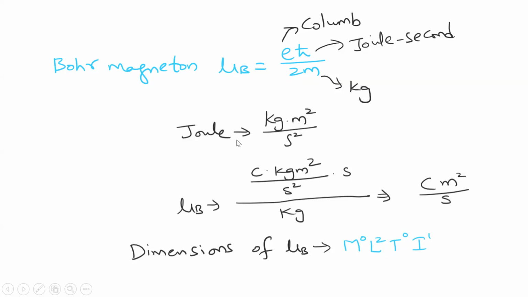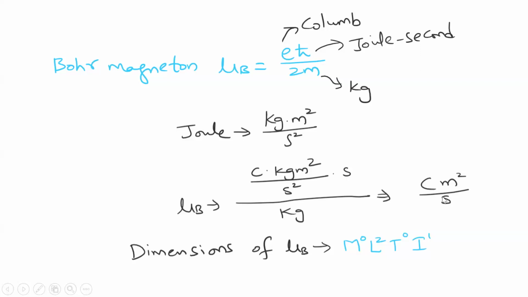Work is equal to force into distance, and the force unit we have already seen, kg meter per second square, into distance, that is another meter, so kg meter square per second square. When we substitute this here, we have Coulomb and kg meter square by second square into second by kg. We get Coulomb meter square by second.